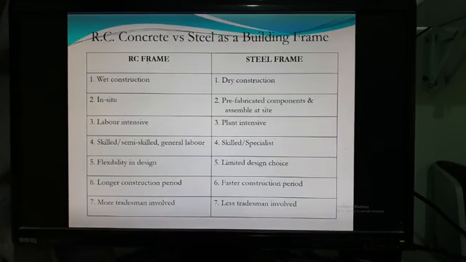And then it's usually being batched on site for the concrete, where the steel frame is prefabricated and assembled on site.